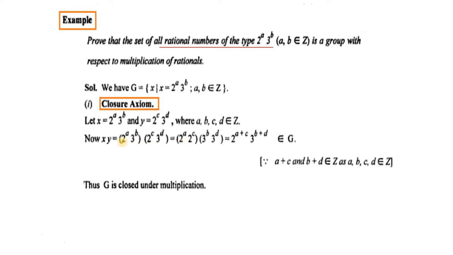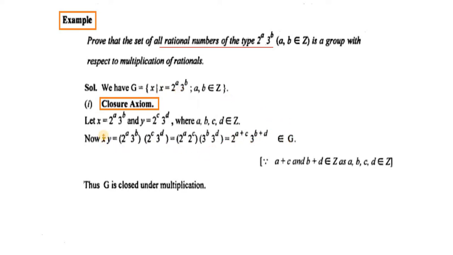Here 2 power a and 2 power c will be written together. Similarly, 3 power b, 3 power d will be written here. Now adding the exponents here, similarly adding the exponents here. This is the simplification. This is an element of the form this one, hence this belongs to G.